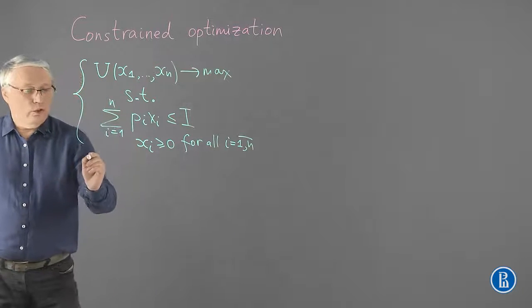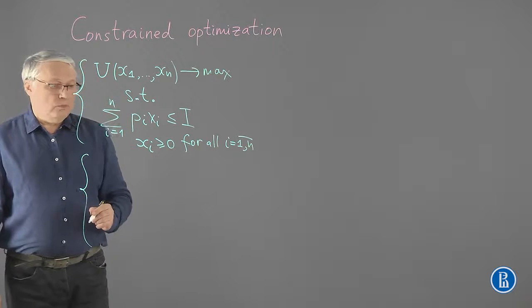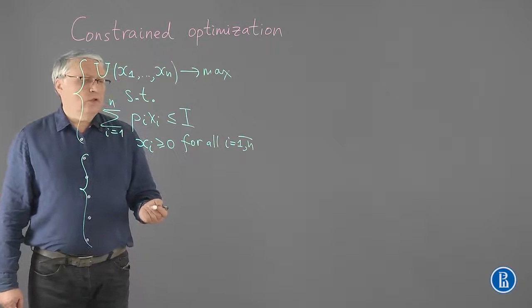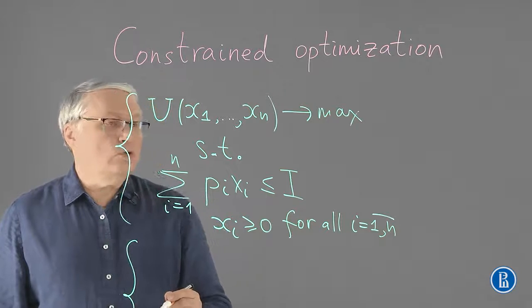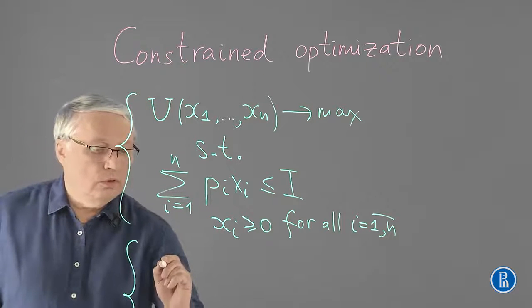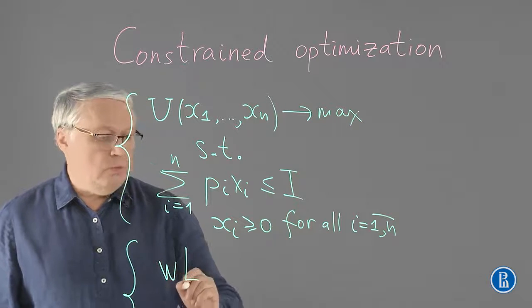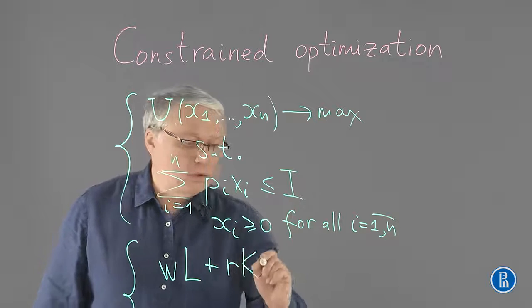But also we include the non-negativity constraints for the variables. Or we can choose a problem from production theory. For example, let us assume a case of a two-factor production function. This is a cost minimization problem, which looks like we take the wage rate multiplied by the labor employed, plus the rental rate of the capital times capital.